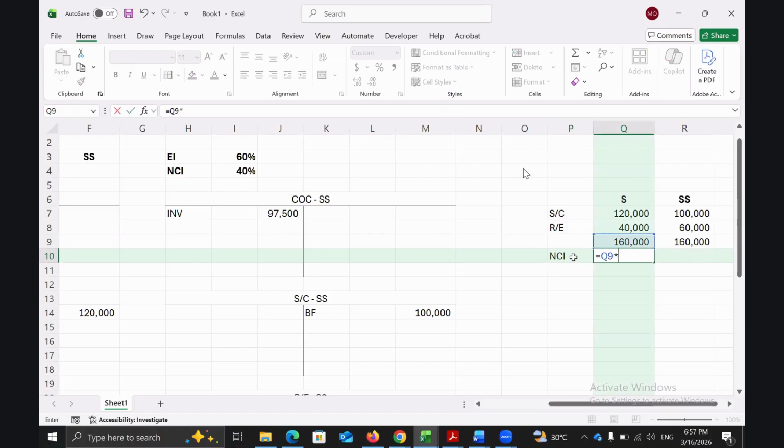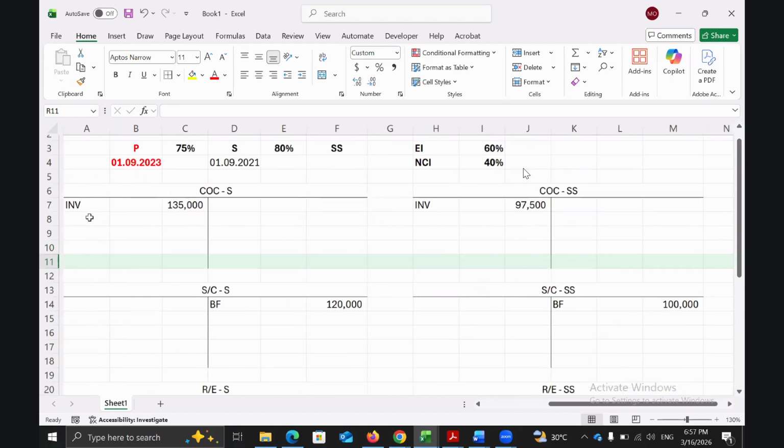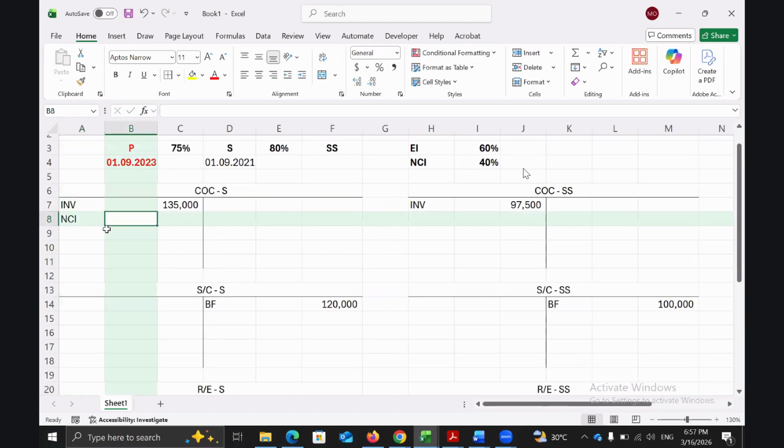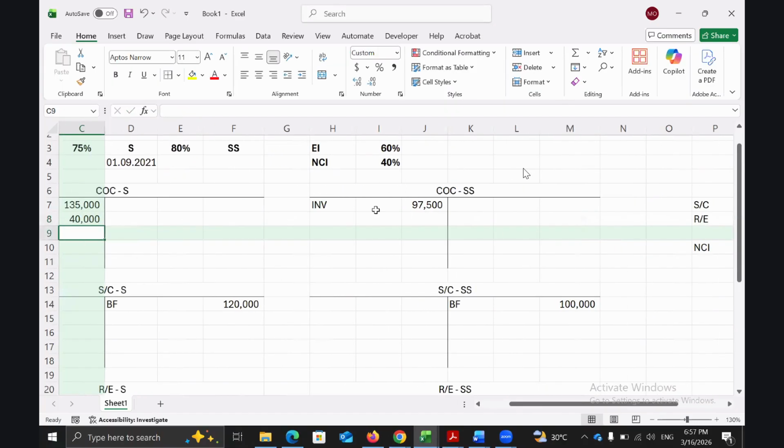Then the NCI is 25% here. Here the NCI is 40%. Then COC debit, NCI, here it's 40,000.